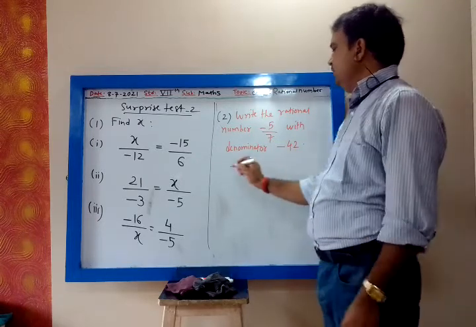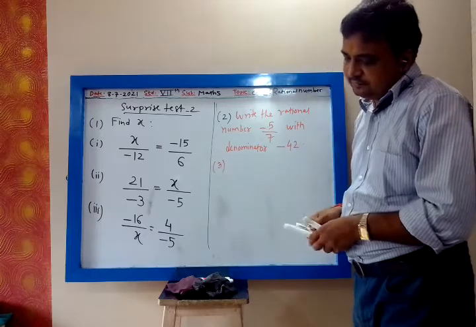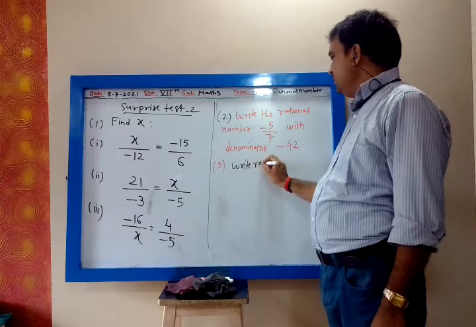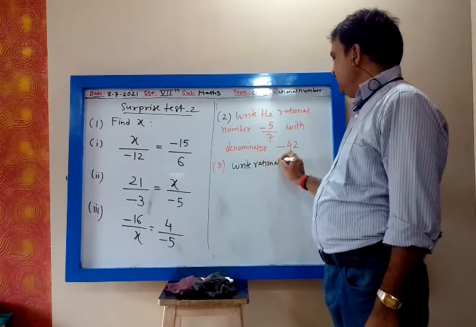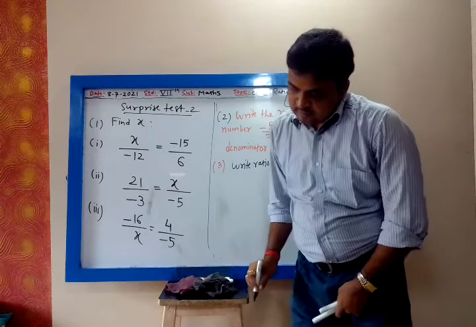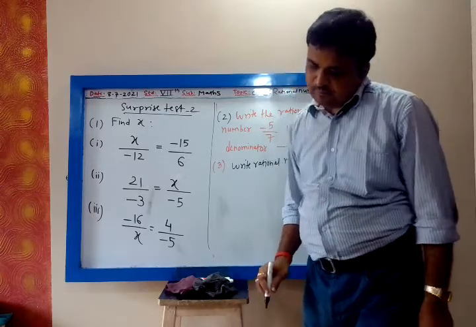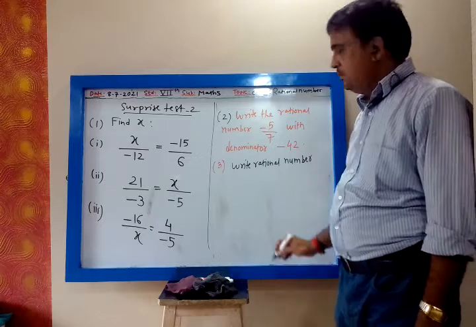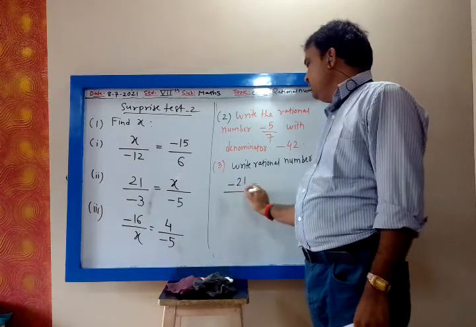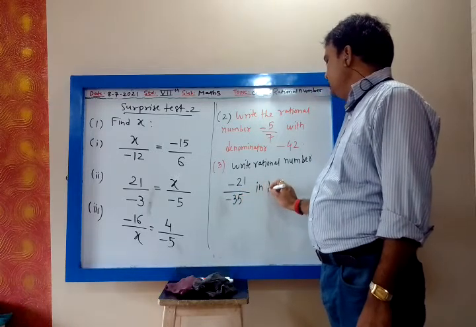Then third, write the rational number minus 21 upon minus 35 in the lowest term.